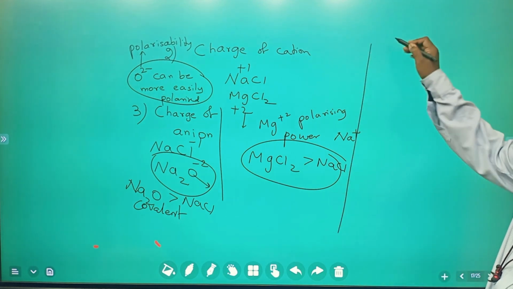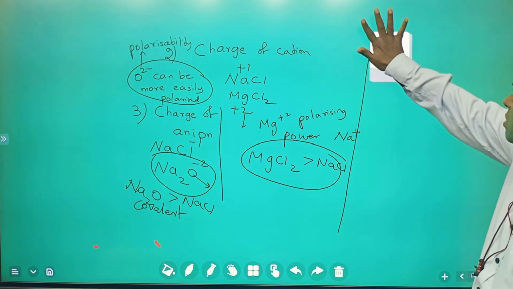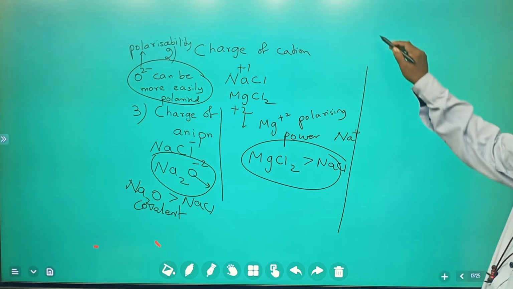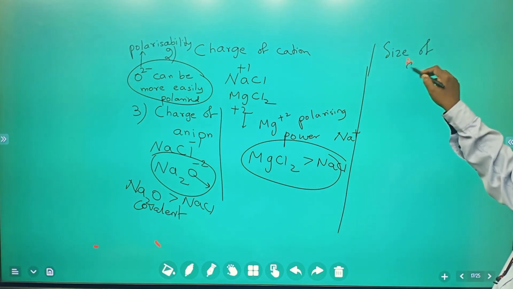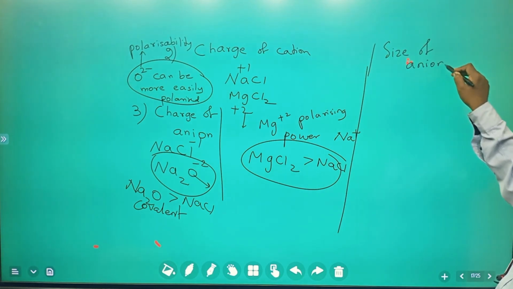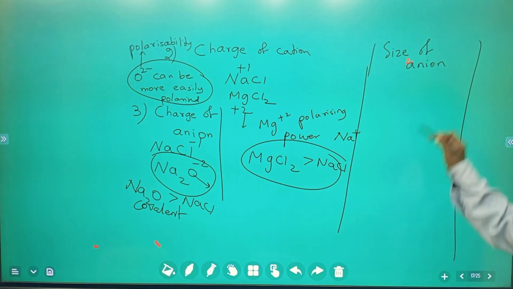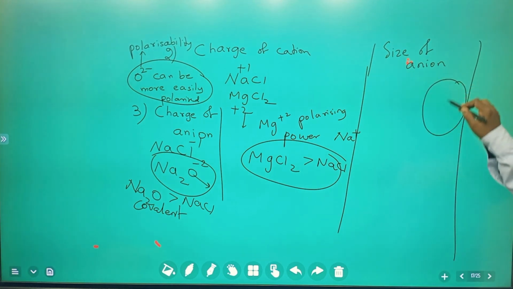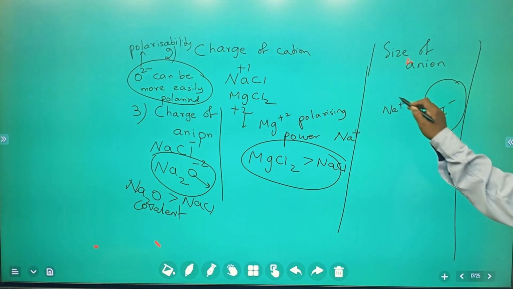Students, one last thing now: the size of the anion. If the anion is big, like for example iodide, the cation should obviously be small.